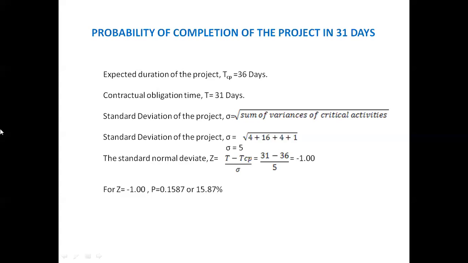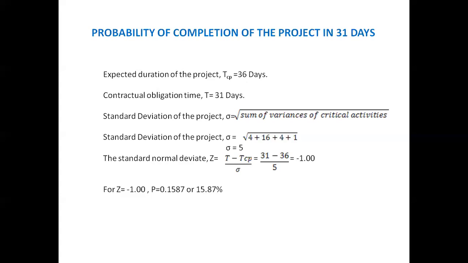Suppose the contractual obligation time is greater than the expected duration, then the value will be more than 0.5. That means as the obligation time increases beyond the expected project duration, the probability of completion will be more.